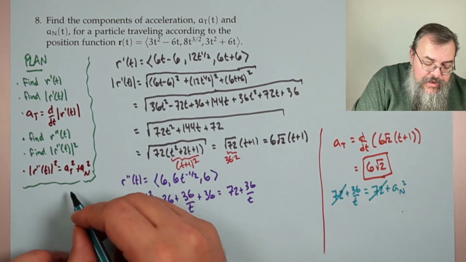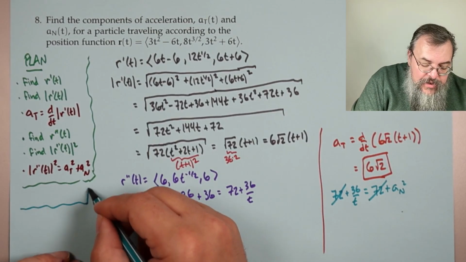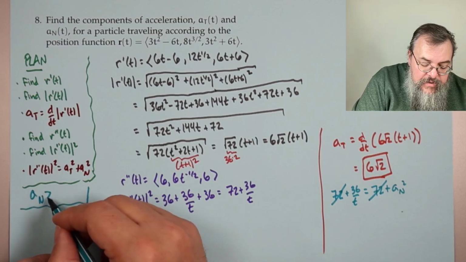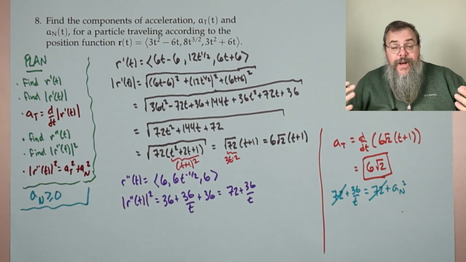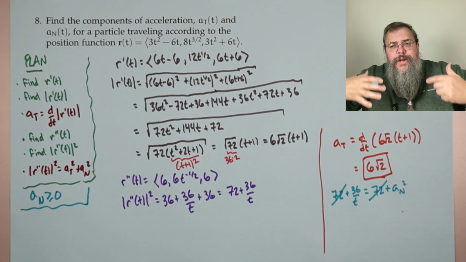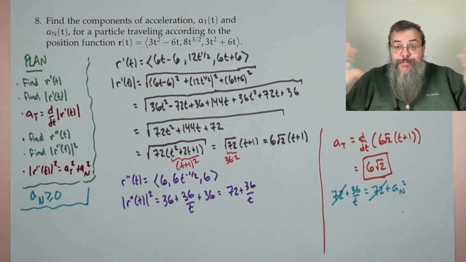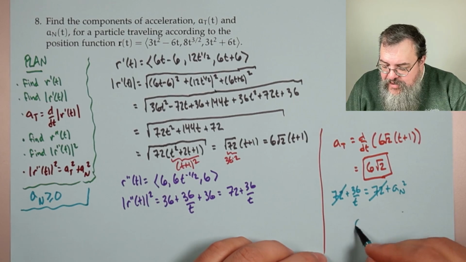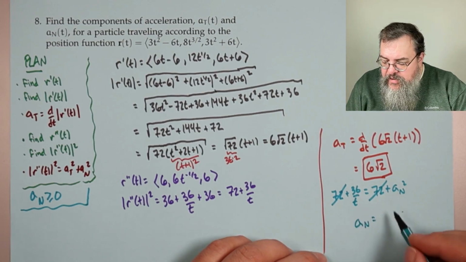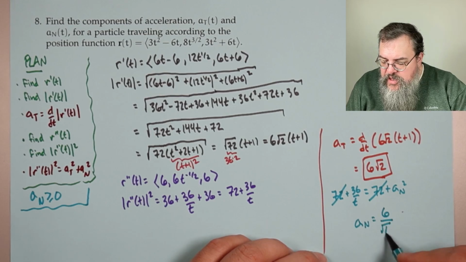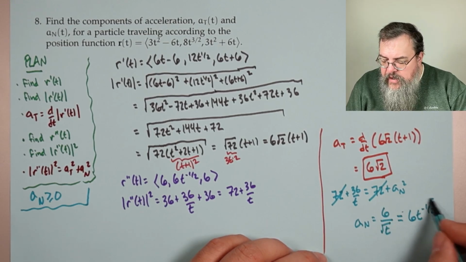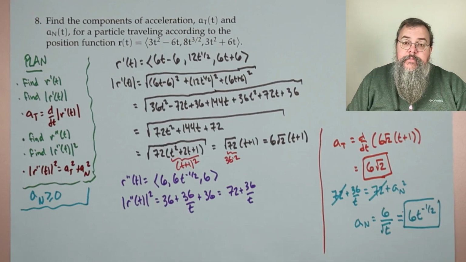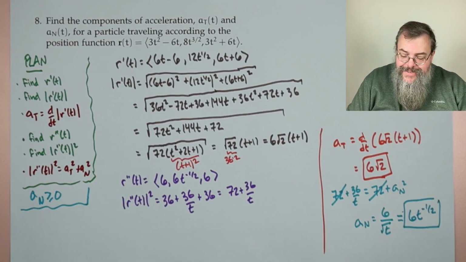And I guess I should add a little note here. a sub n is going to be non-negative. So you're always like, when I take a square root, is there a plus or minus? Plus. And so a sub n is the square root of 36 over t, which is 6 over square root of t, which you can also write as 6t to the minus 1/2. And that's it. We're done.